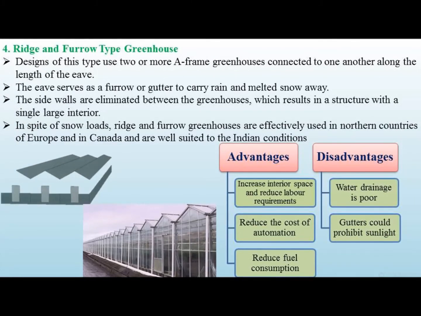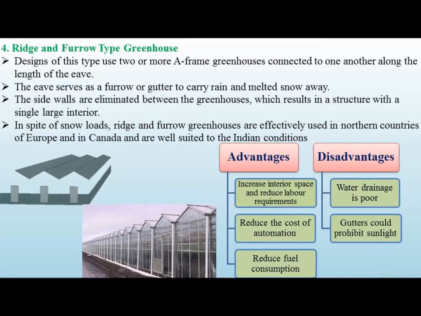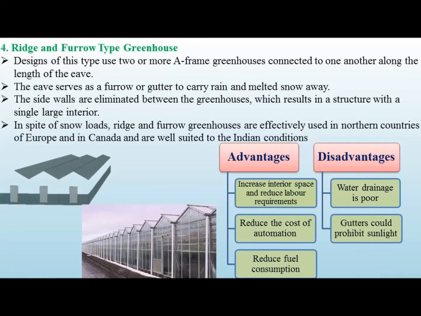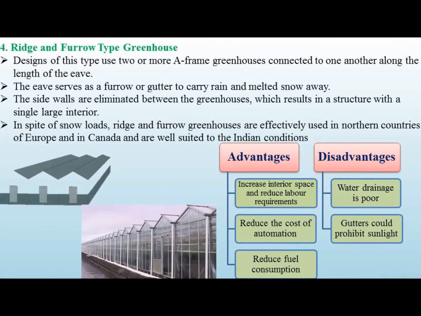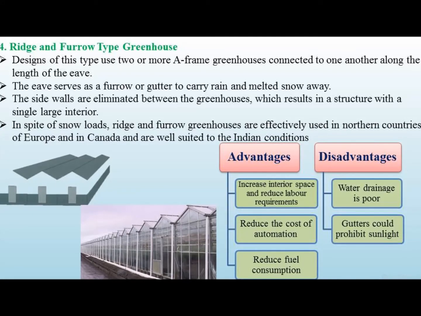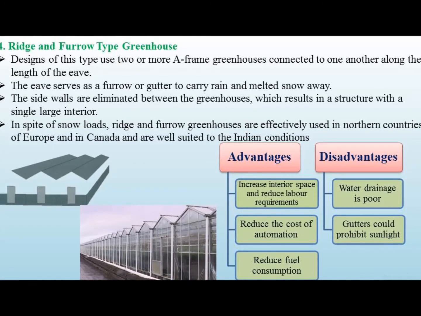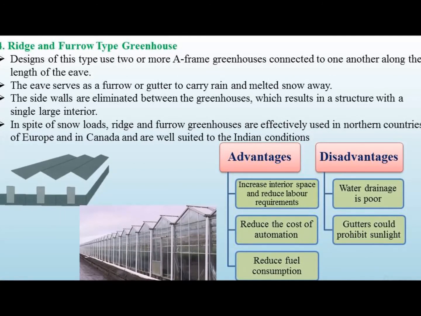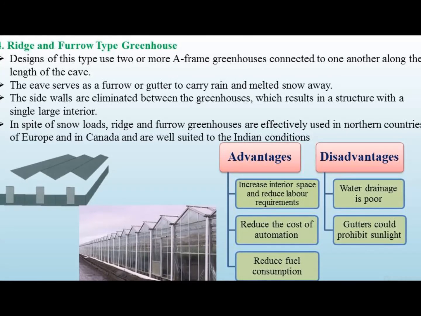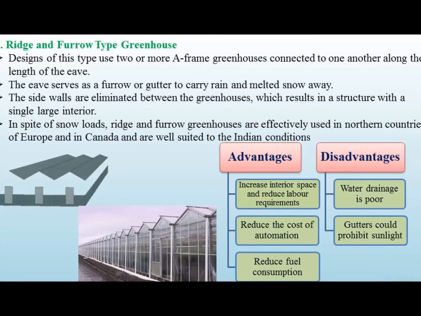The next type is the ridges and furrow type of greenhouse. The design of this type uses two or more frames of greenhouses connected to one another along the length of the eaves. In these structures, the eave serves as a gutter and furrow to carry rain and melted snow.